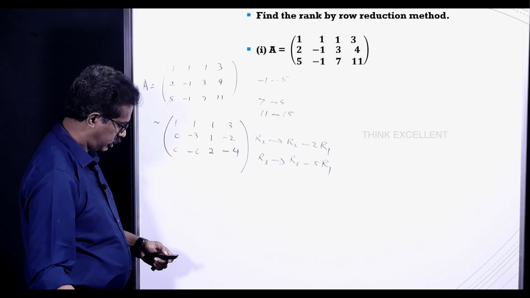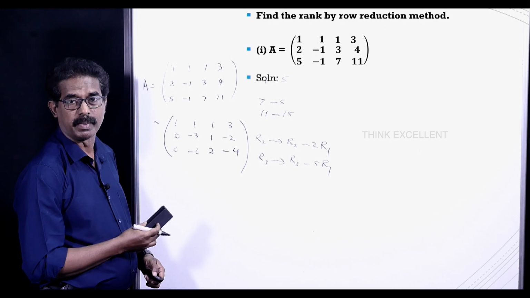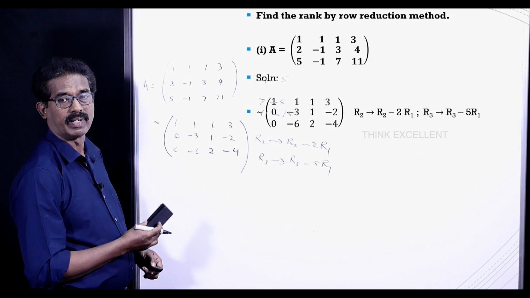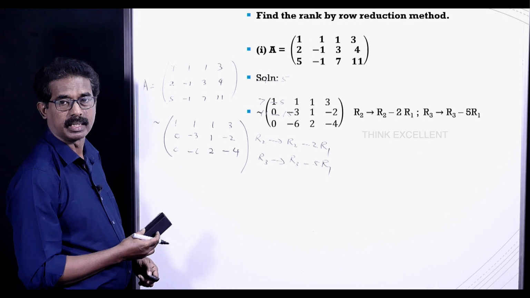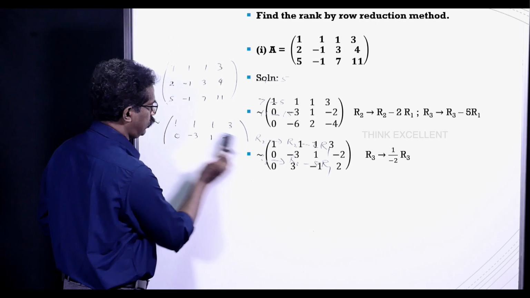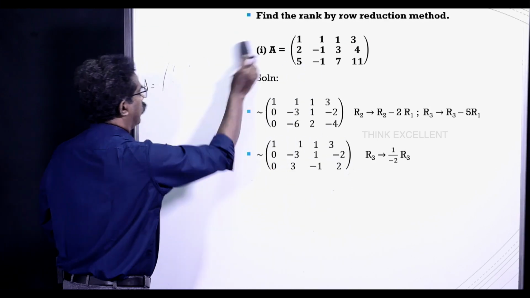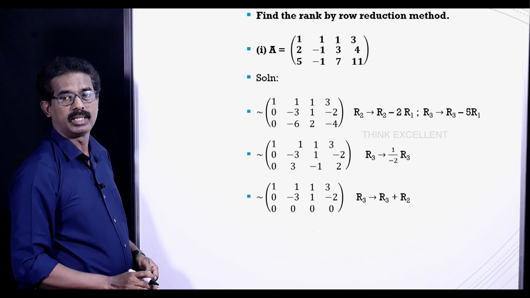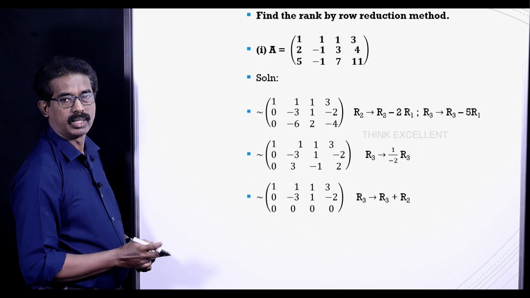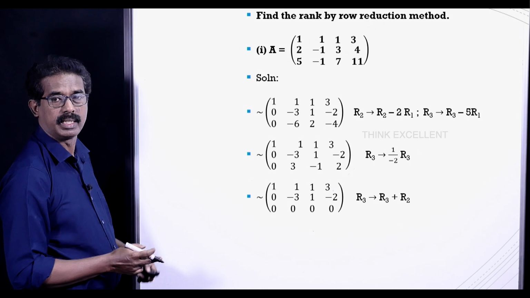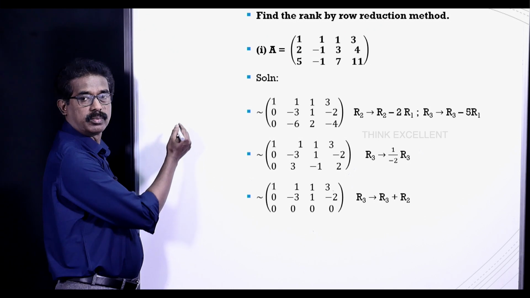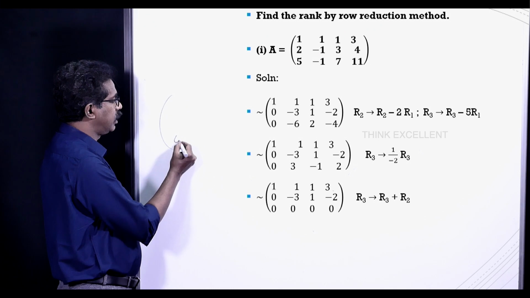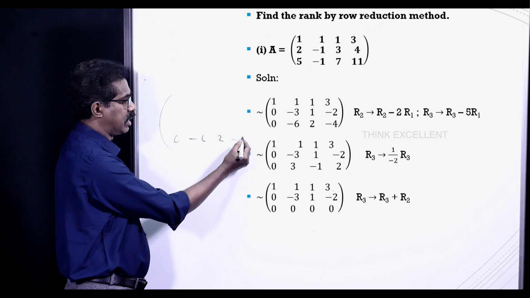Right. Let us see how we did. Hope you understood this method. Okay. So first row, first element 1, below that you make it 0. Then next what I said, second row, second element, you make it 1. Here in the third row you are getting 0, minus 6, 2, minus 4, right?